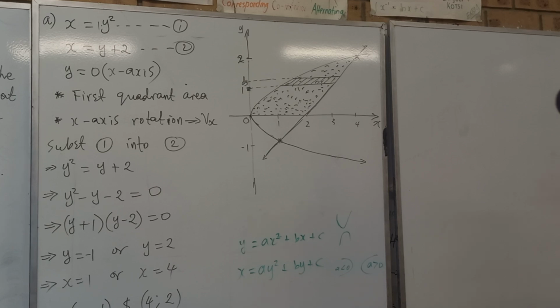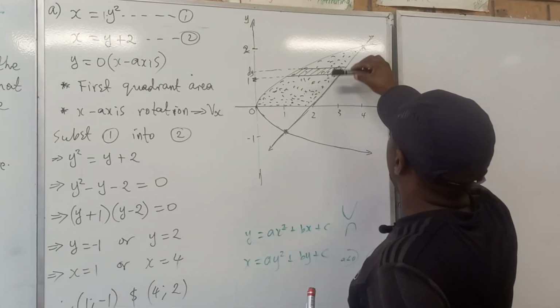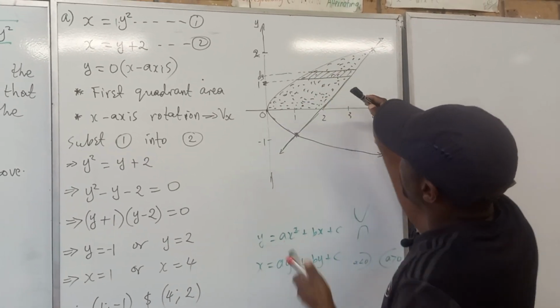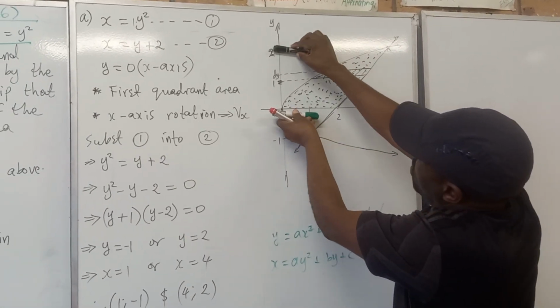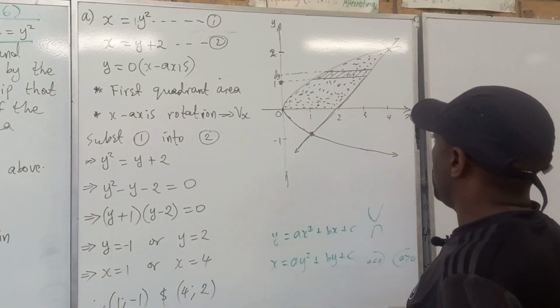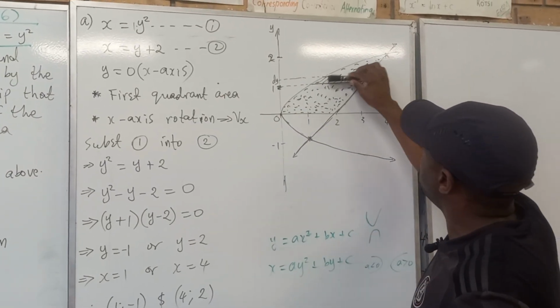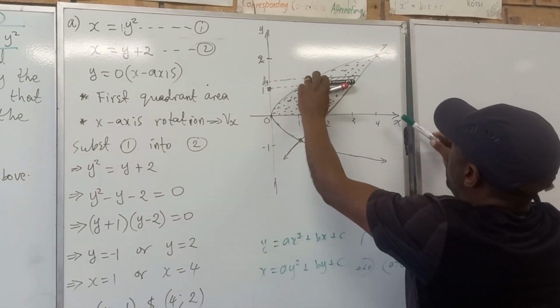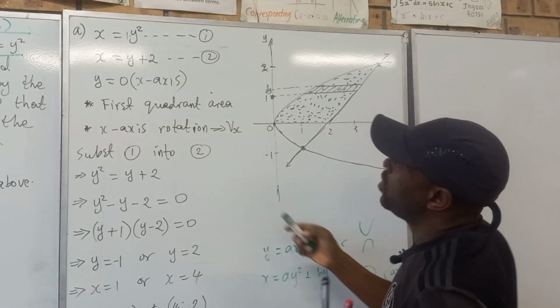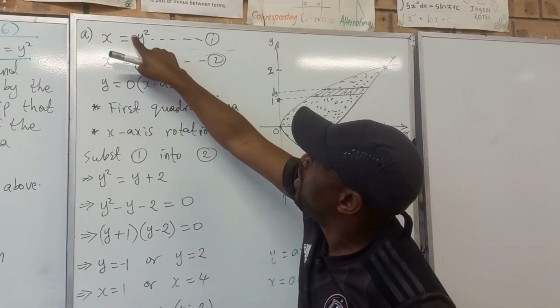Another thing it tells me is that my limits must be on the y-axis, from where I started shading to where I stopped. You see I started at 0 and stopped at 2. Then, since my strip is horizontal, in line with the x-axis, the 2 graphs that my strip is touching must be labeled using x, as you already see in the equation.